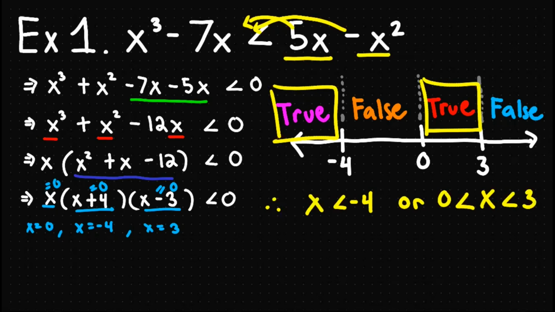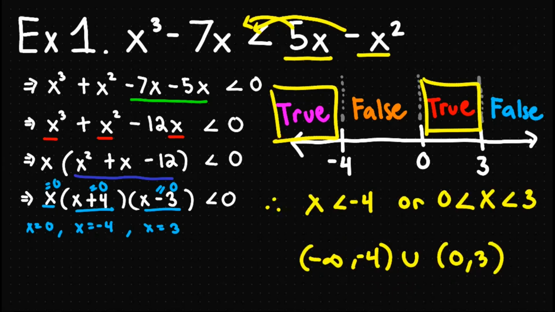In interval notation, we write this as -infinity to -4 union 0 to 3.